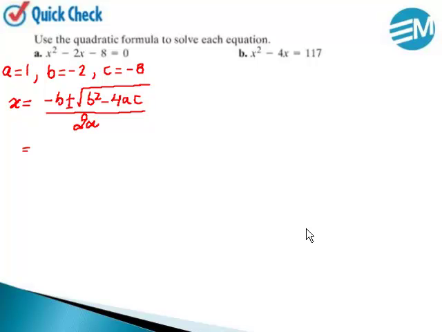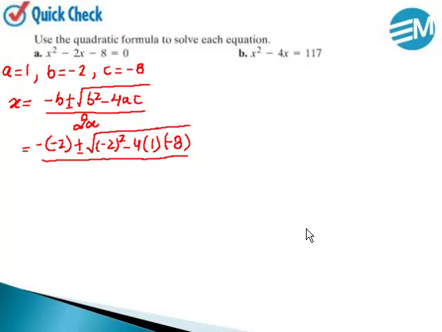Now let's substitute the values. The value of b is negative 2. Plus minus the square root of negative 2 squared minus 4 times a, which is 1, times c, which is negative 8, over 2 times 1.